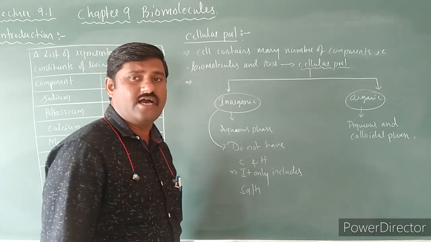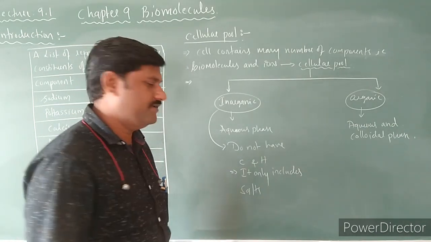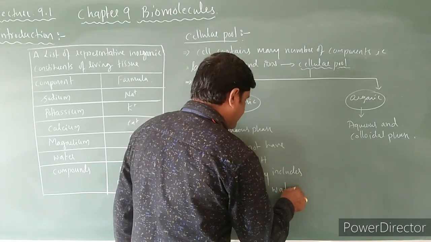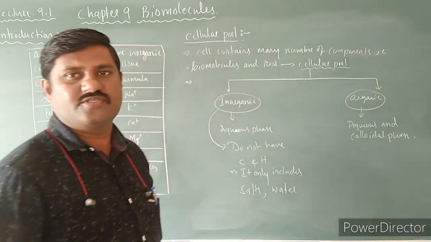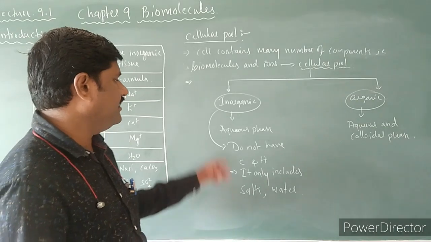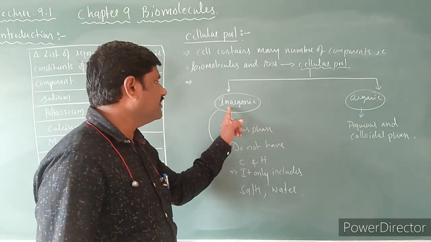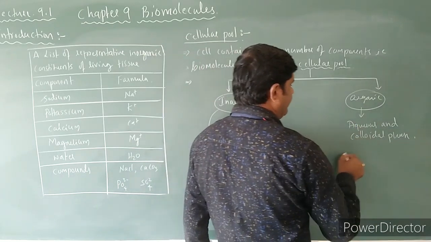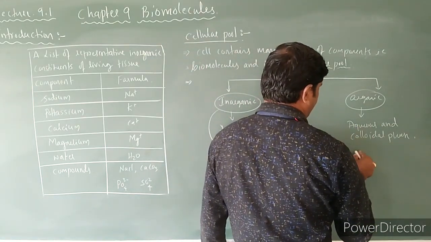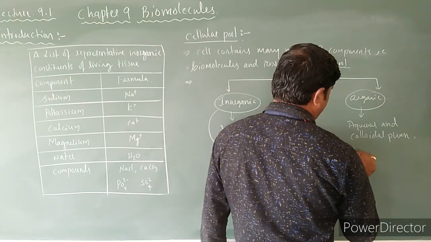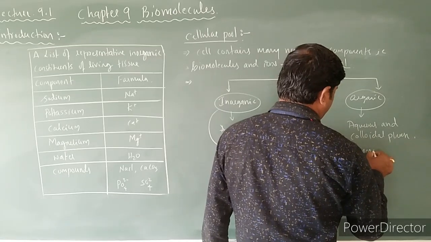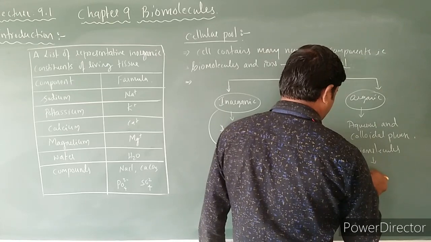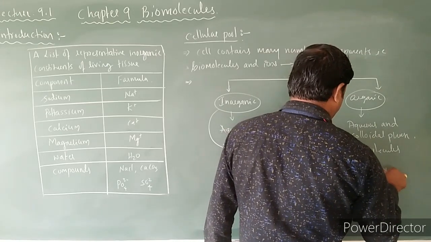So such kinds of salts, consisting of salts as well as sometimes even water, right? So these are mainly present in the inorganic part, and in the organic part we will come across what? Many biomolecules like carbohydrates.